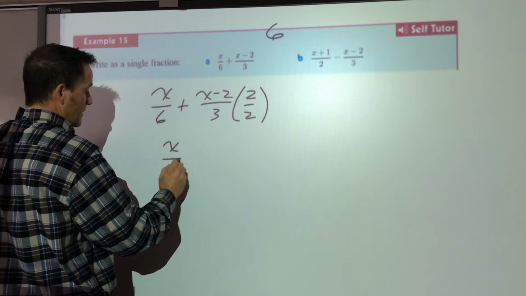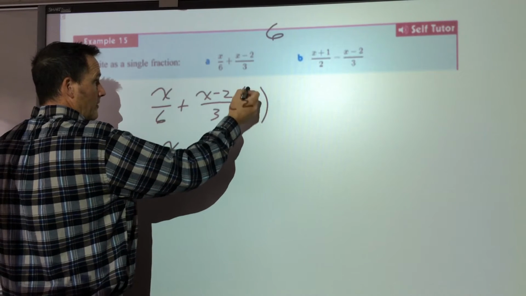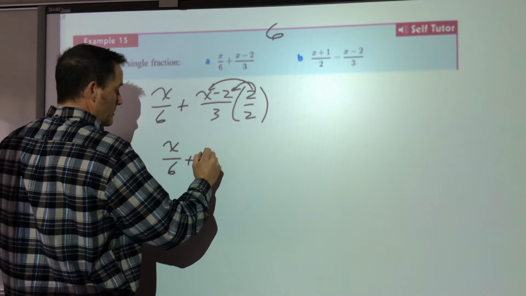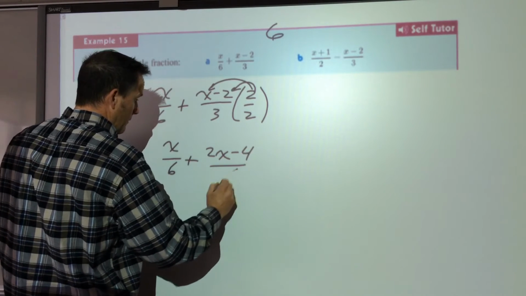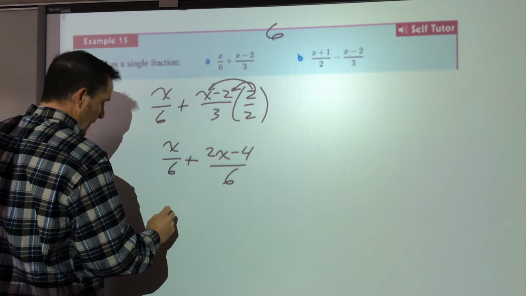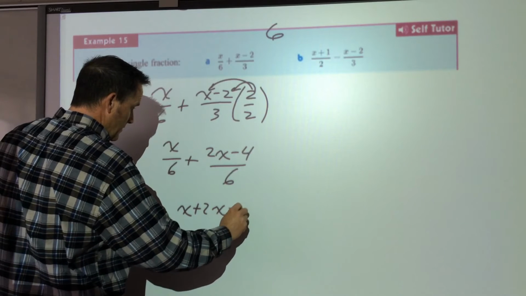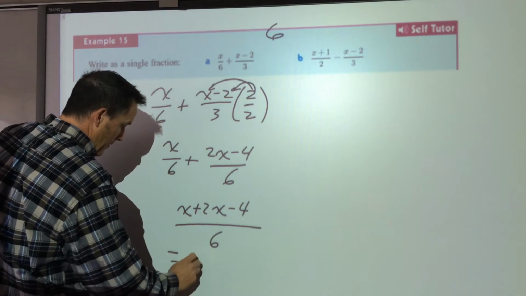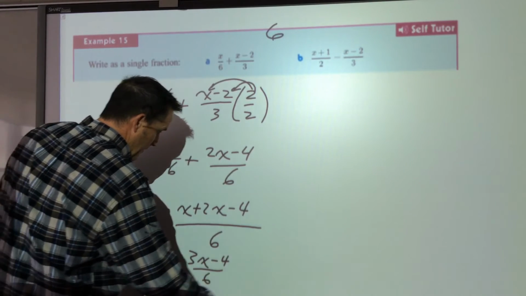So I get x over 6 plus, think of the distributive property here, I'm going to do 2 times x, 2 times negative 2, which gives me 2x minus 4 over 6. Add that all together, so I get x plus 2x minus 4 over 6, 3x minus 4 over 6.